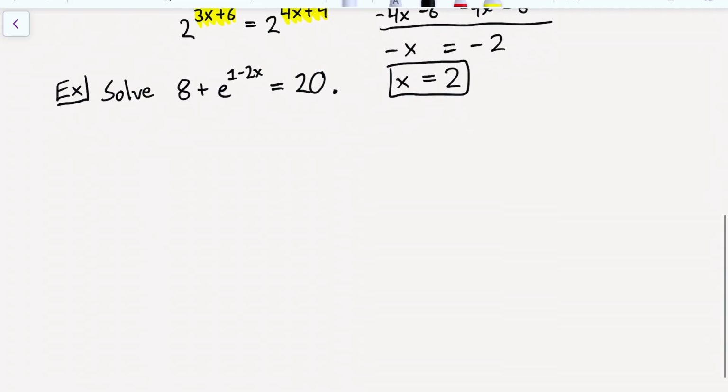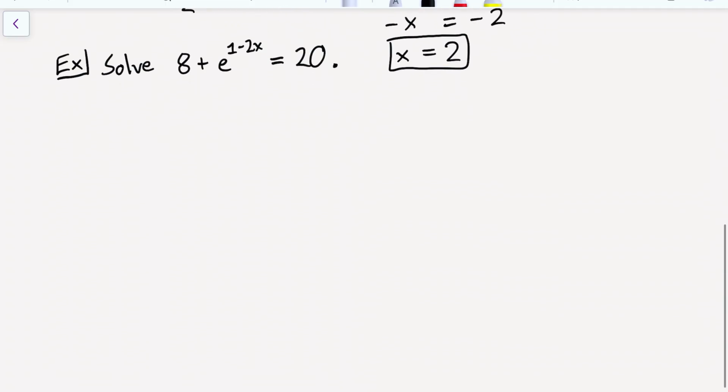In our final equation, we have only one exponential piece, so we need a different approach here. I want to try to solve for x by isolating the x value and having everything else on the other side of the equation. First, we can subtract 8 from both sides. I have e to the power of 1 minus 2x equals 12.